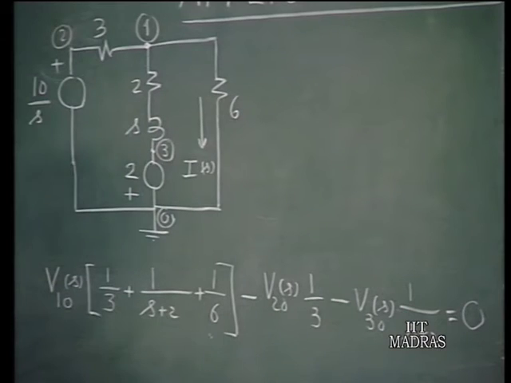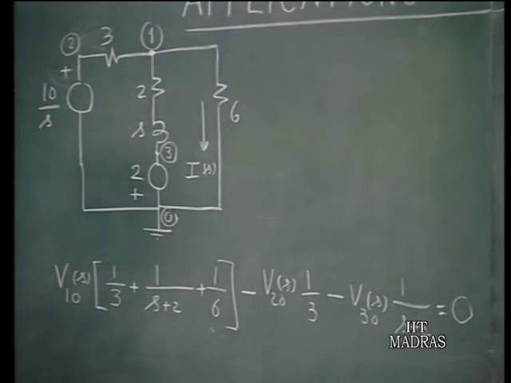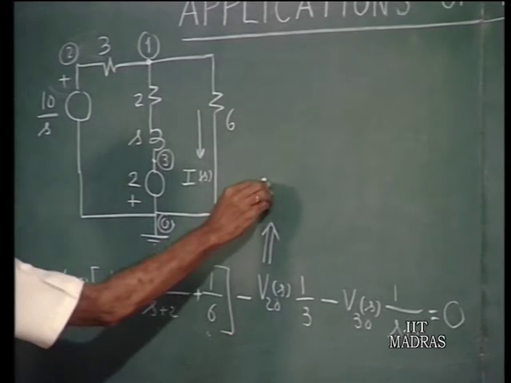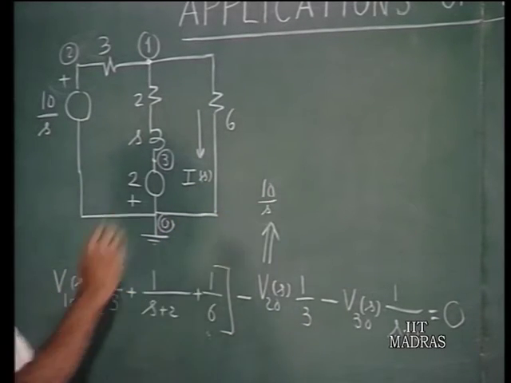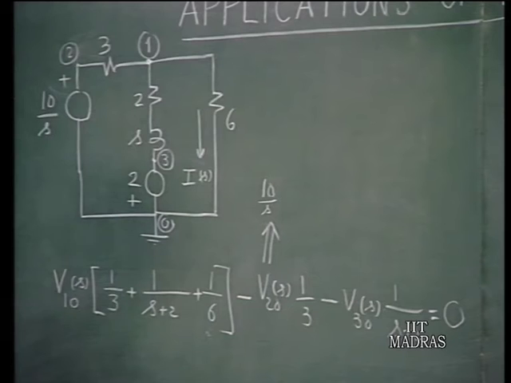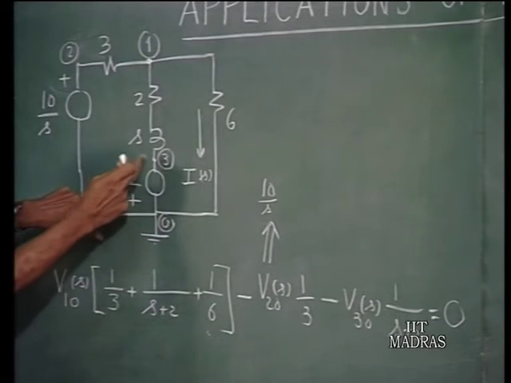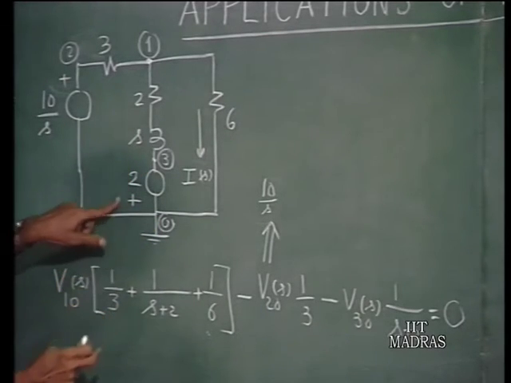Now, in this equation, the only unknown is V10 of S, because V20 of S is known, that is equal to 10 by S. V30 of S is also known, since the polarity is plus with the 0 as positive polarity with reference to 3, V30 can be written as minus 2.